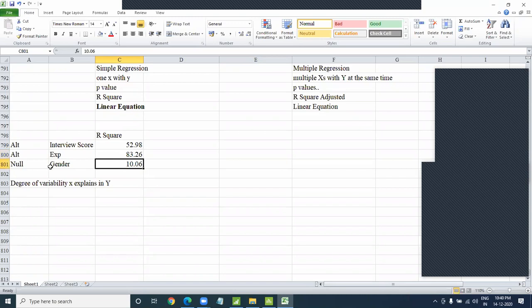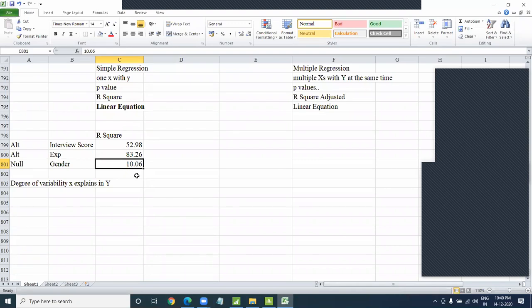Gender, if at all, if that 10.06% is some impact, then it is also making some impact. So all these forces are acting on Y at the same time. These are not happening in silo. These are individual impacts, but they're all happening at the same time.